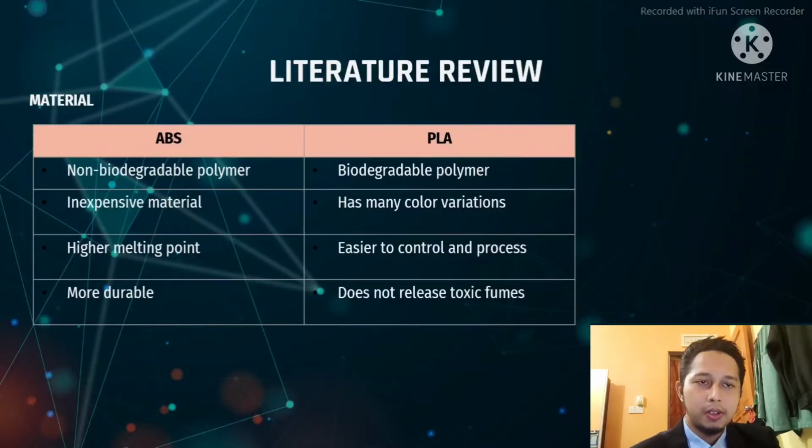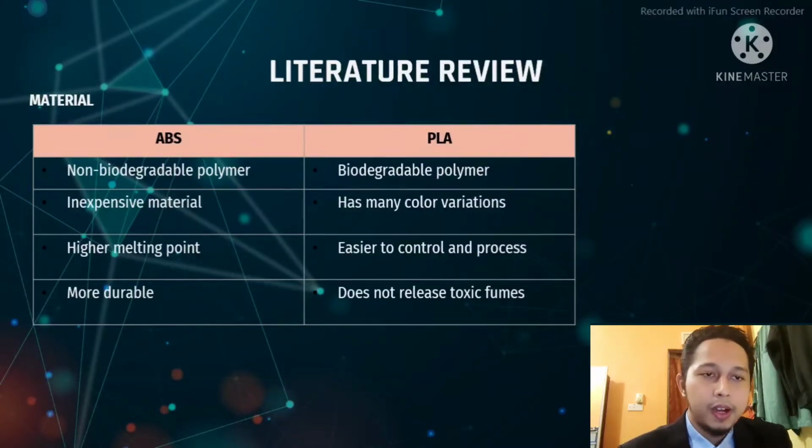ABS is a non-biodegradable polymer, which means it is difficult to decompose and is not an environmentally friendly material. It is also an inexpensive material that is usually produced in commonly used colors, therefore not many variations exist. ABS has a higher melting point compared to PLA, and is also generally stronger and more durable.